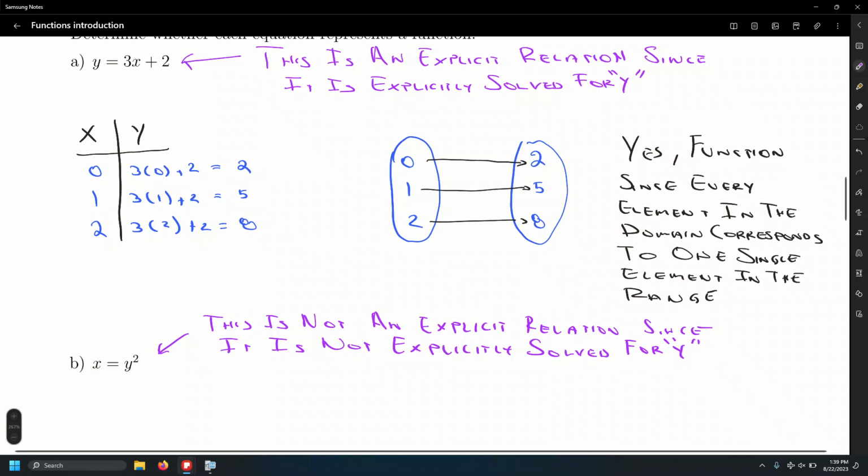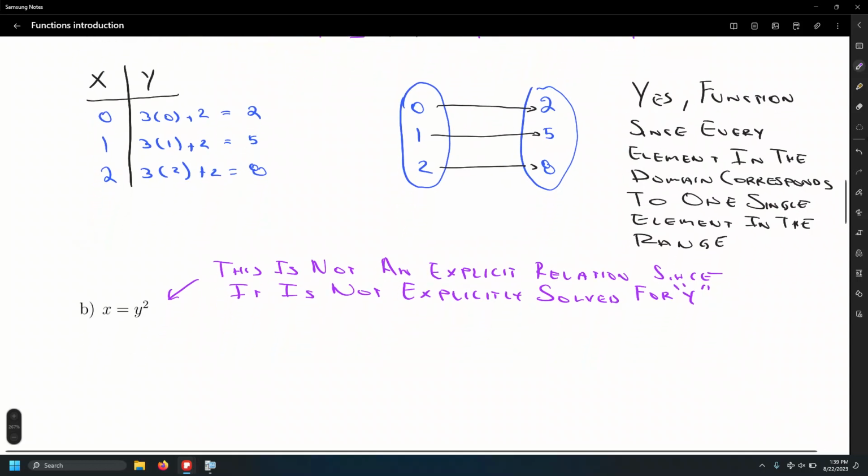That's the difference between the two. Yes, I mean I see what you're saying. We're looking at functions of x, but in this case we still want functions of x anyway.